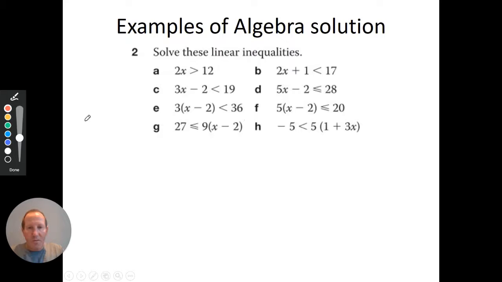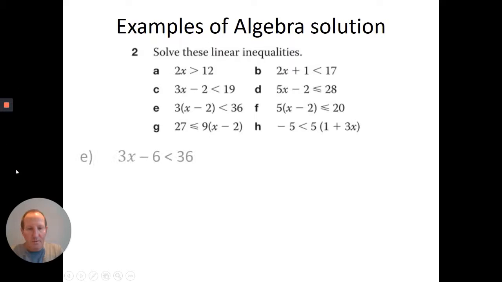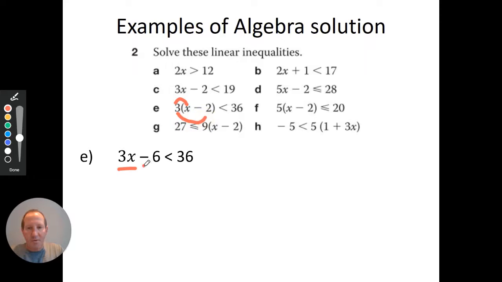So I've done some of the harder ones down here for you. Done E for you. First thing you need to do is to multiply the bracket to get you 3x plus 6. Because I've done 3 times x, give me 3x. 3 times minus 2, give me minus 6. And that is less than 36.